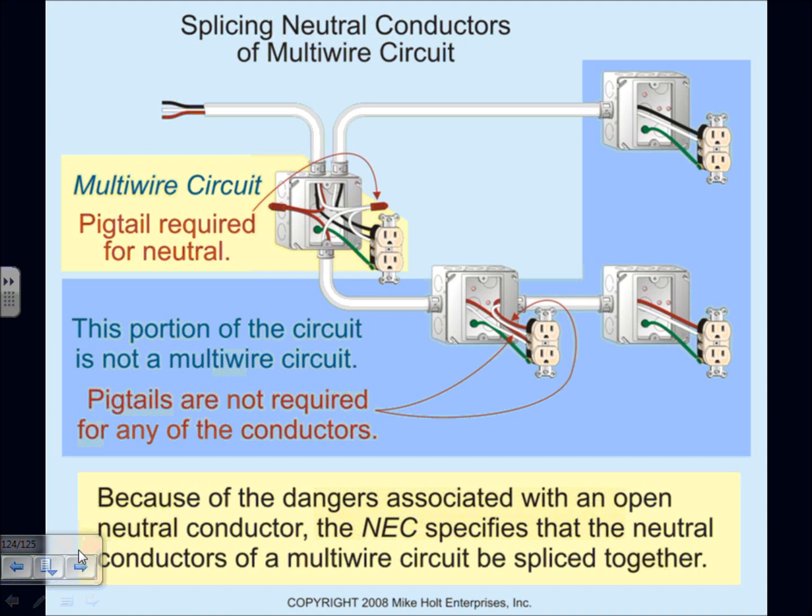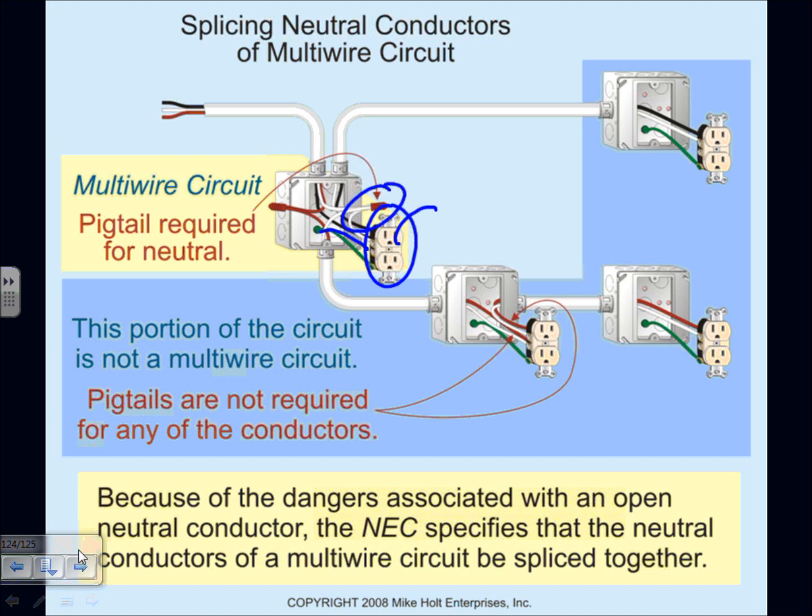So what the code says, guys, is that if you have a multi-wire branch circuit, they want you to pigtail the neutral. Does anybody know why? Because if you attach the neutral in and out at the device and you remove this device, what happens to the neutral here? You lose the neutral. You have an open neutral. You can have an open neutral in the panel, in a J-box, or right in the device.